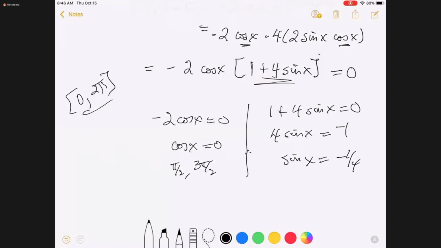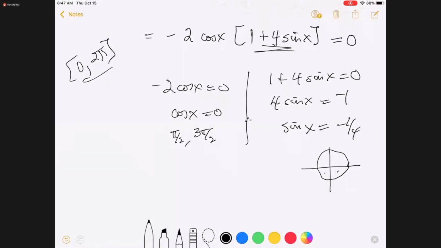Well, there are two places. Unit circle: sine of x is negative in the third and fourth quadrants. So there is a solution in the third quadrant and there is a solution in the fourth quadrant. You can pull out your calculator and get an approximate value, and remember to do radians and not degrees.